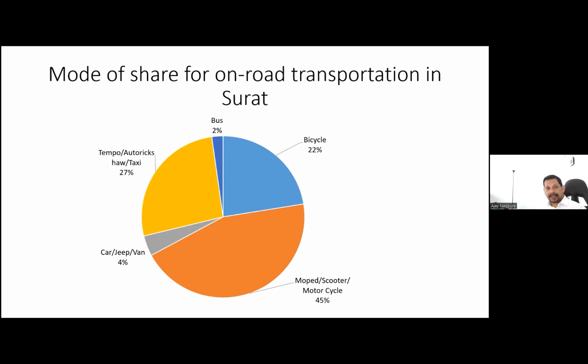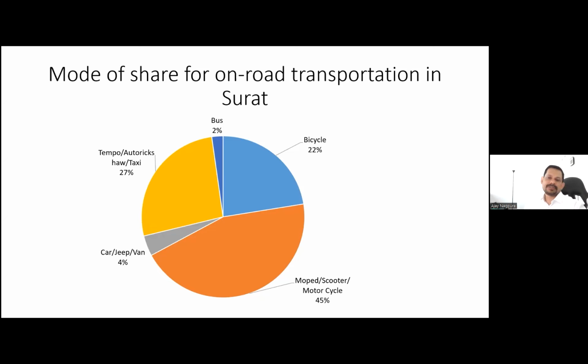So as I said, the data is available. We need to explore. Many times we say, oh, we don't have the data, we don't have the capacity to conduct the survey on the ground. It is very difficult, but if you want, in some way we can get it.